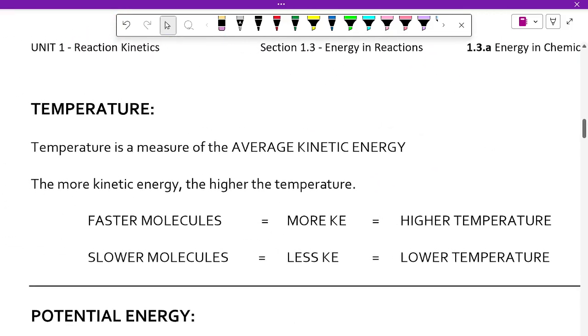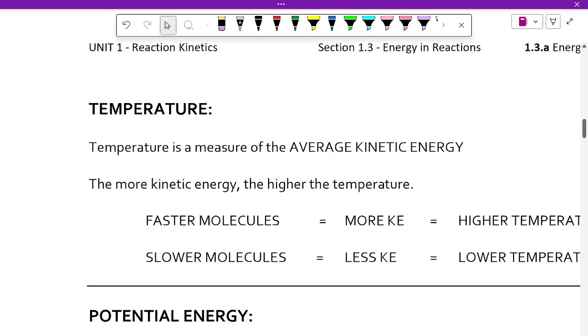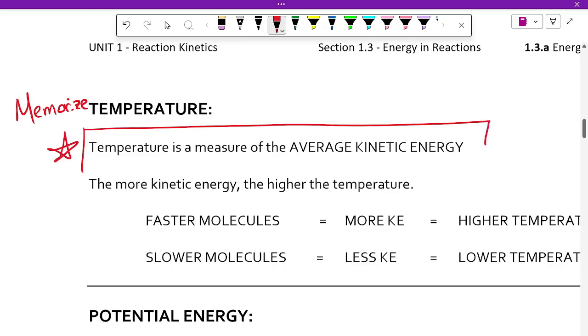Temperature. You have to know this. You memorize this. Temperature is a measure of the average kinetic energy.